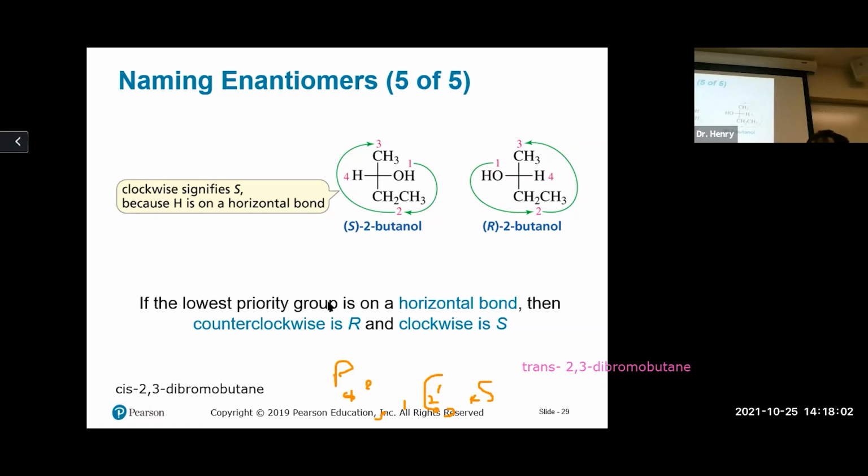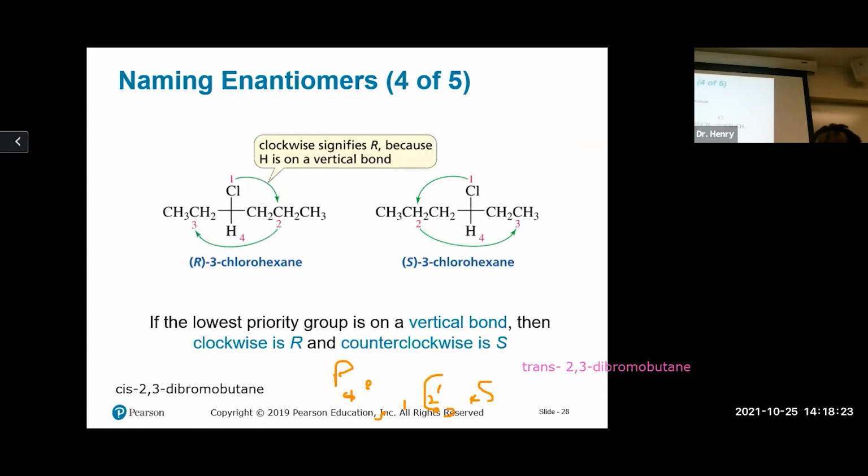So if your lowest priority is on your horizontal, then that makes your R counterclockwise in this case. So where your lowest priority is on the vertical. Are you with me?